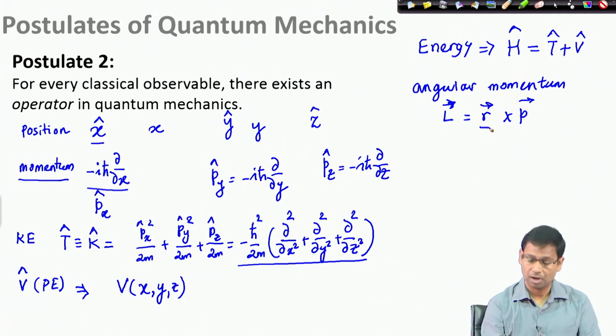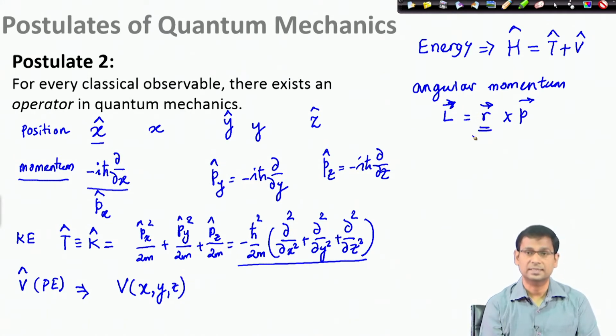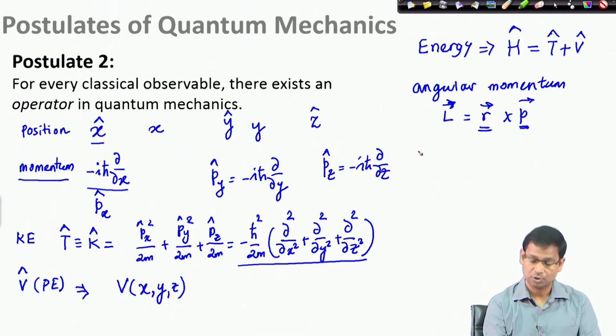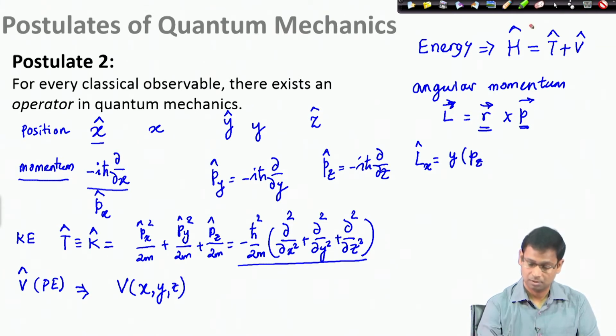Since we know r has x, y, z dependence, and p has p x, p y, p z, the quantum mechanical operator corresponding to L x I can write as y p z minus z p y. These are all operators.